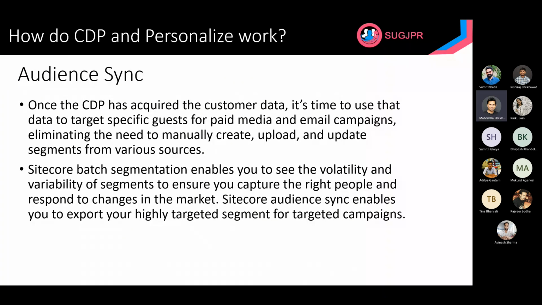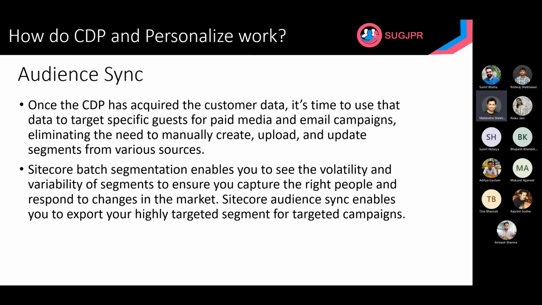Once the CDP has acquired the customer data, it is time to use that data to target specific guests for paid media and email campaigns, eliminating the need for manually creating, uploading, and updating segments from various sources. So you can perform segmentation manually, but it can also be performed with some kind of artificial intelligence.